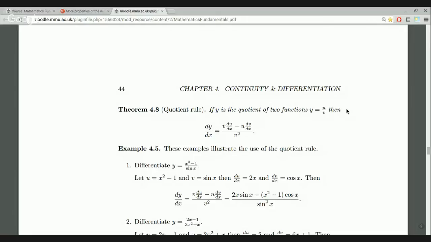Well, when I'm considering a quotient of functions, I can now turn any quotient of functions into a product of functions and an application of the chain of composition as well. So I've got the product now of u multiplied by this other function. This other function happens to be the composition of the reciprocal function and the original denominator function v.